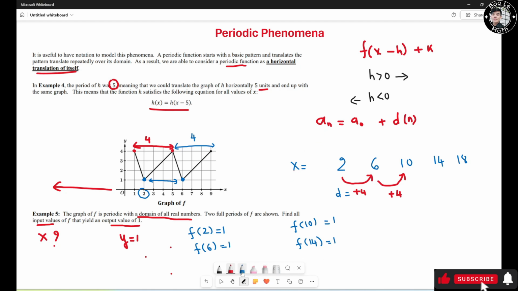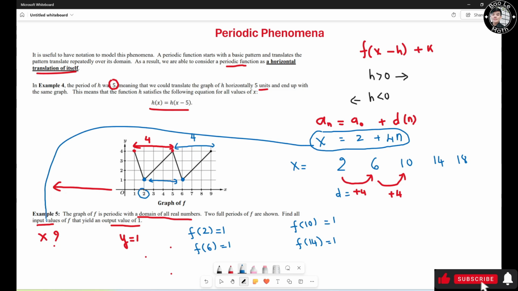So I replace a sub n with s. A sub 0 is going to be 2 right here. Plus the common difference is 4. Alright, multiply by n. That's it. Alright, so this is the general formula for the input value right here.